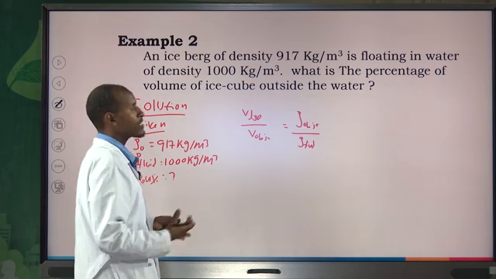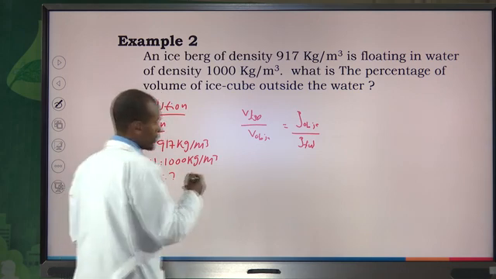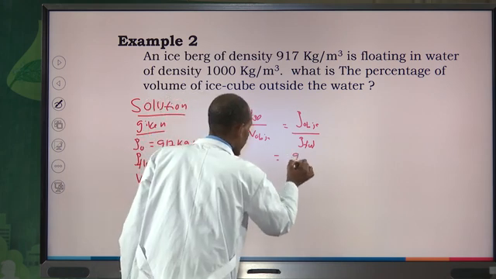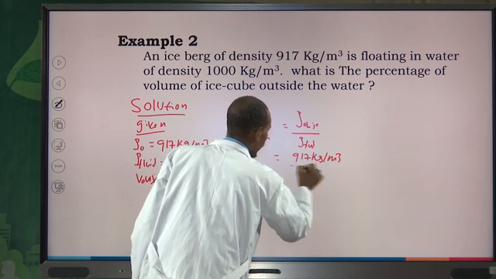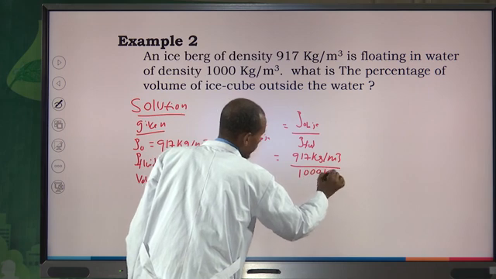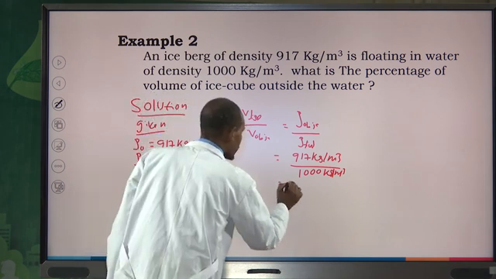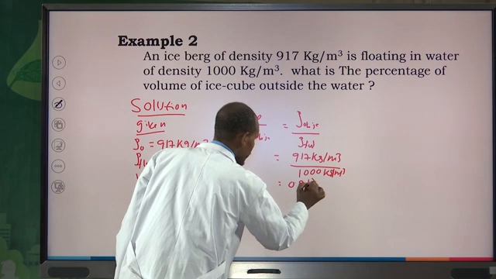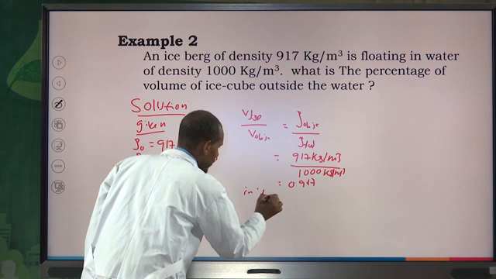Then we subtract from 100% to get the part of the iceberg outside the fluid. So this is equal to the density of the object, 917 kilogram per meter cube, over 1000 kilogram per meter cube for the fluid. Then this becomes 0.917.